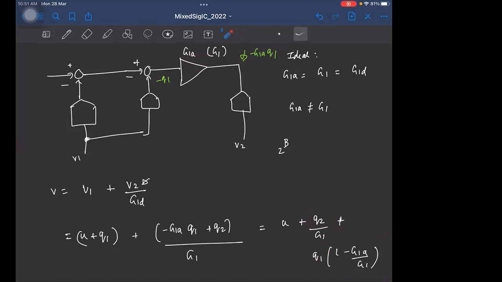If this was the same signal, or if Q1 is equal to Q2, then you can easily do it, right? Now, these are all random signals that depend on the input you give. You might be able to cancel it at one or two time instances, but for all time instances, you cannot do it. Okay, so let's stop here and we'll see what can be done to correct it in the next class.